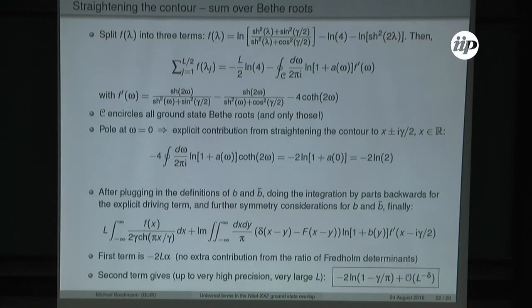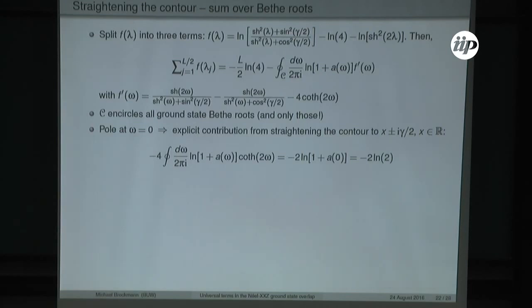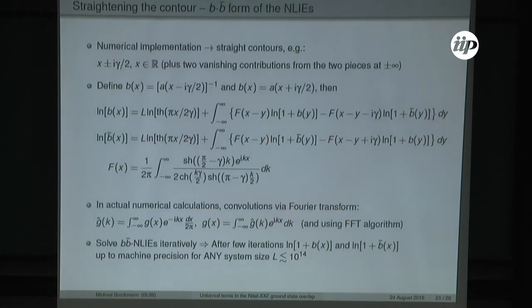Then we derive for the sum of this function f of lambda j over all Bethe roots the following expression. It is L times the function f divided by 2 gamma cosh pi x over gamma, which is actually, sorry for going back, the derivative of this function.